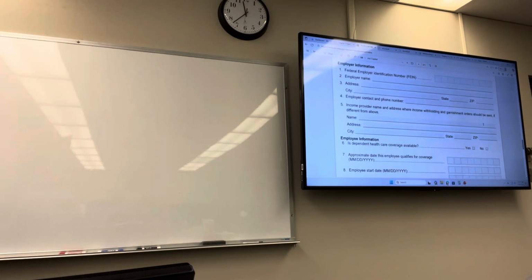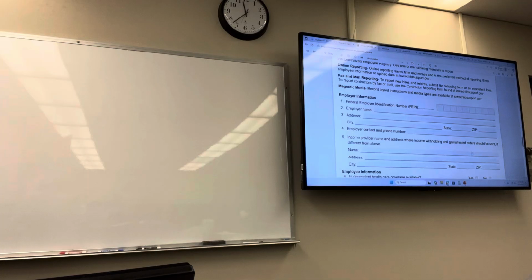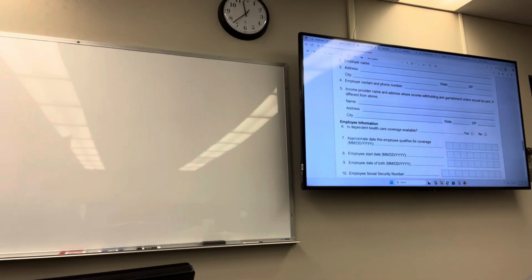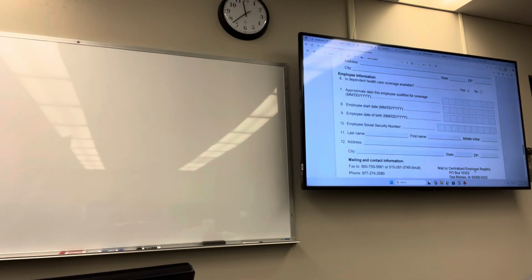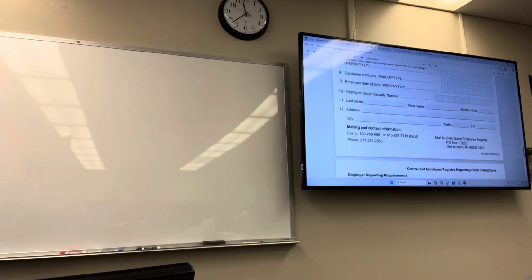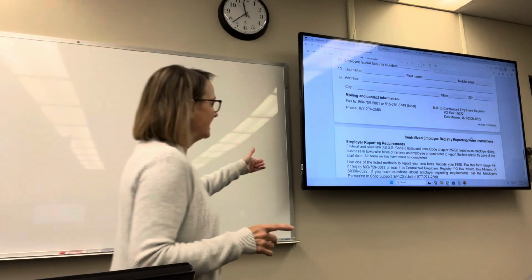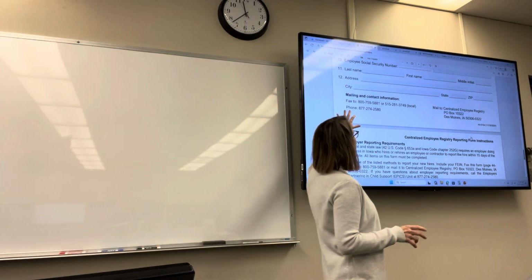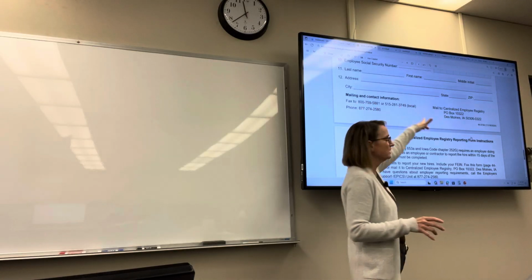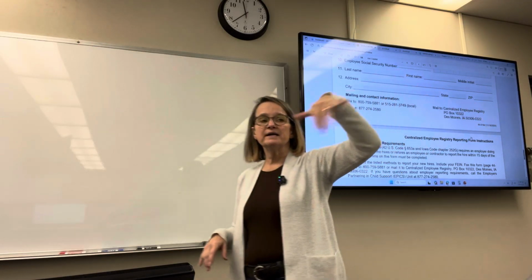So the employer fills out the first part, employee fills out the next part. Now they ask about dependent health care coverage, whether health care coverage is available through the employer, the employee's start date, the employee's date of birth, all of that, social security number. And then this form is usually faxed in to this phone number. It can also be mailed in, but it is sent in.